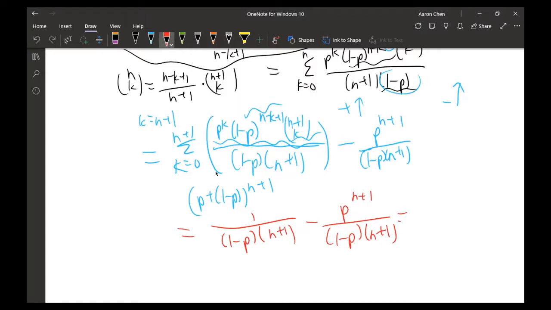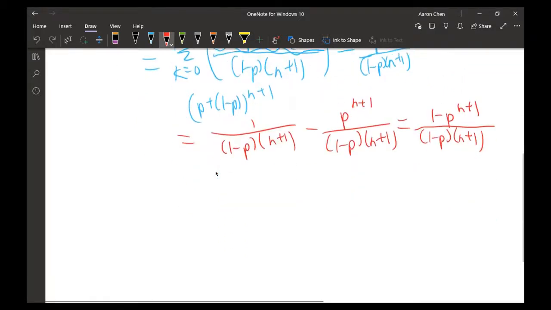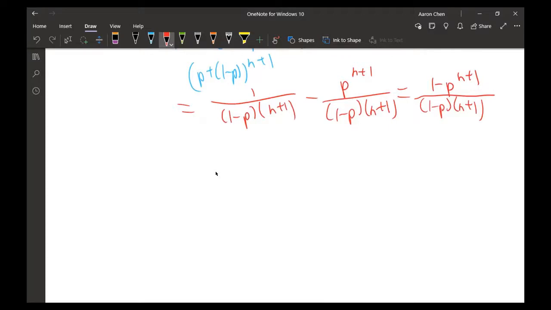These numerators are the same, so this is obviously just 1 minus p to the power of n plus 1 over 1 minus p times n plus 1. Remember, this is equal to E of n, so we have now found a closed form expression for E of n.